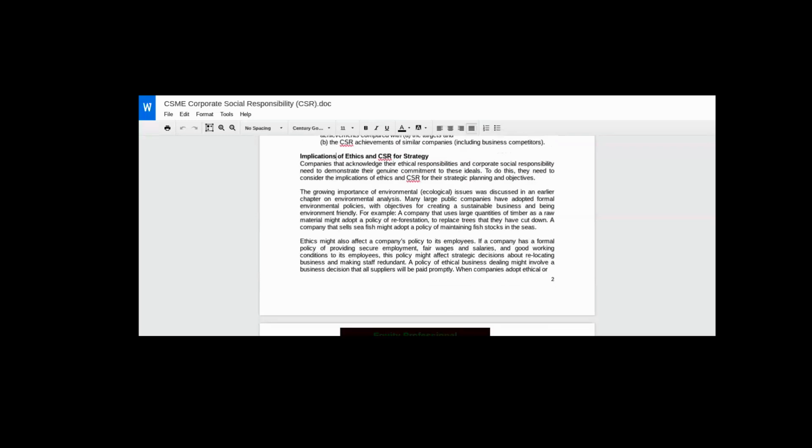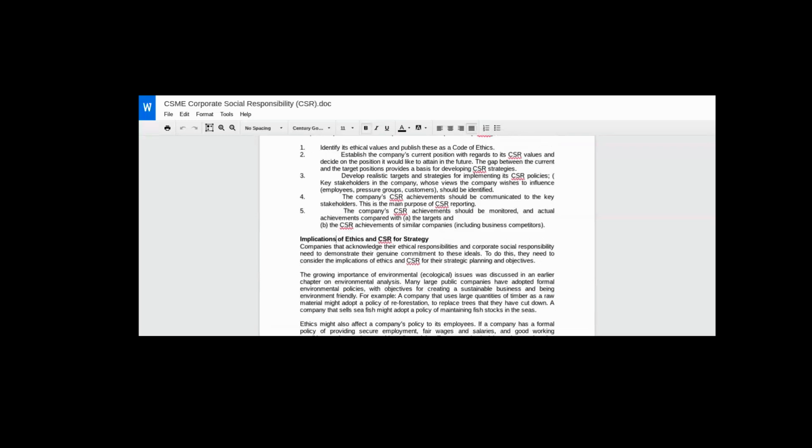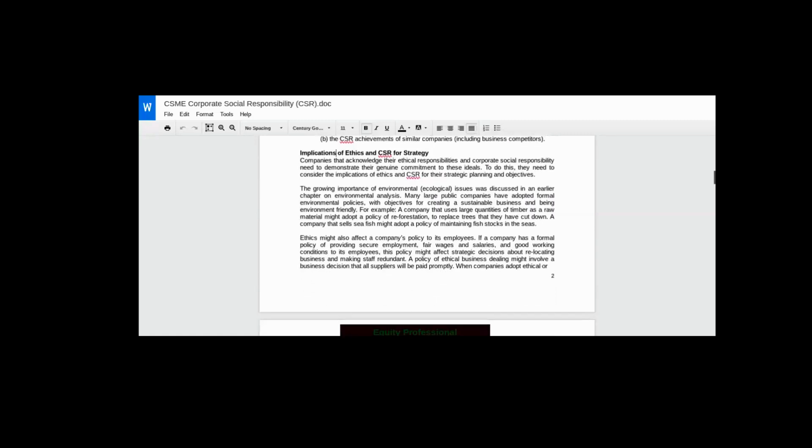So what are the implications of CSR? The implication of CSR here, there are things that we can write on our own, or probably you can use the benefits of CSR to answer this, or you can fine-tune your objectives of CSR to answer this.